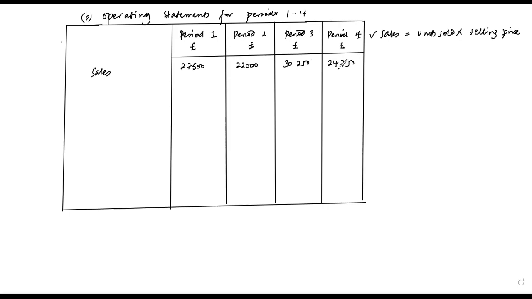So simply get your units sold, the sales units times the unit selling price. Then you get your sales. Then after that, we have to less the cost of sales. So this time we don't use marginal cost of sales, we just say cost of sales.